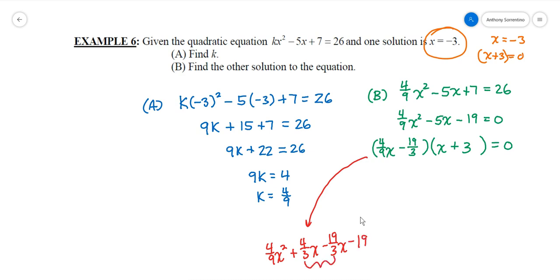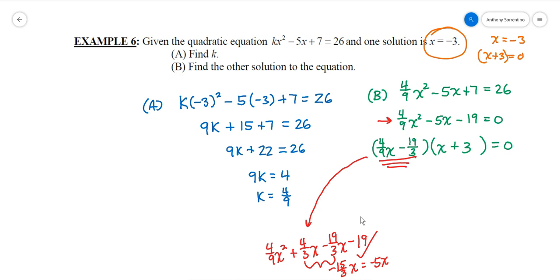These two combine together and give me a -15/3 x, and 15 over 3 is 5, so that is a minus 5x there. So I did confirm that if I FOIL that out, I do get the equation that I had in the previous step. That's great. This means that this is my other factor.